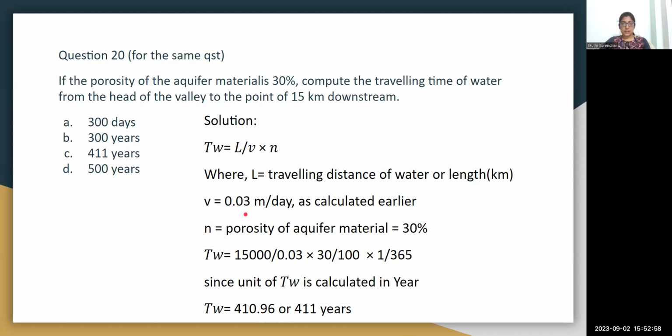We know the velocity is calculated as 0.03 meter per day. N is the porosity of the aquifer material. So since it is in percentage, let's convert it to value which is 0.3.